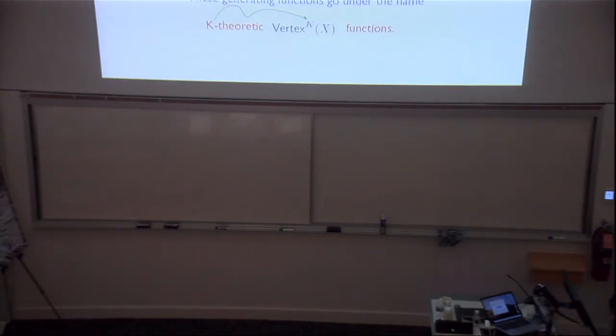So one gets solutions of the QKZ equation as generating functions of equivariant K-theoretic counts of quasimaps from D to X, the Nakajima quiver variety, of all degrees. These generating functions, where you sum up over maps of all degrees, go under the name of K-theoretic vertex functions.